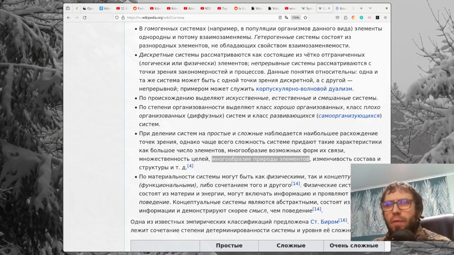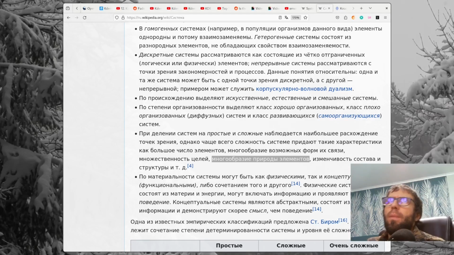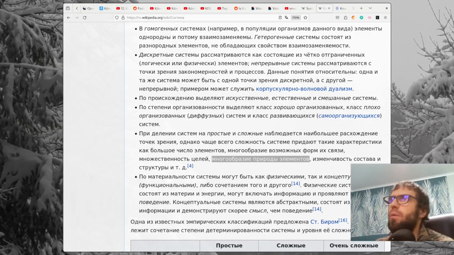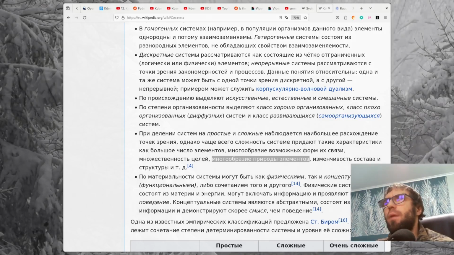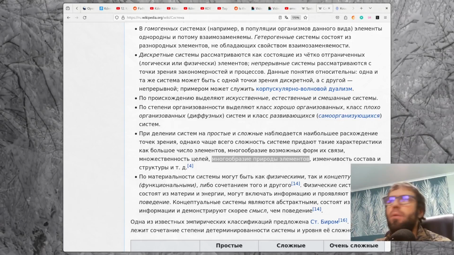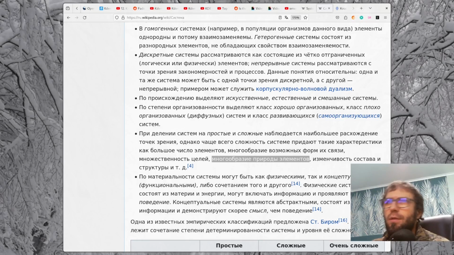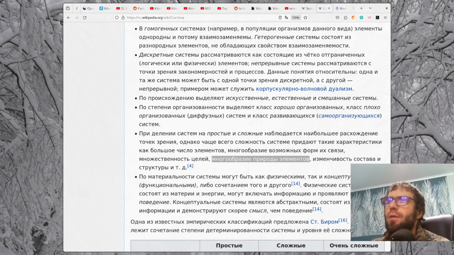In contrast, conceptual systems live only in our heads. They are just abstractions, pure information, and they demonstrate not behavior but meaning. Behavior is in the real world, and meaning is in our heads. This is pure information, or Platonic ideas.